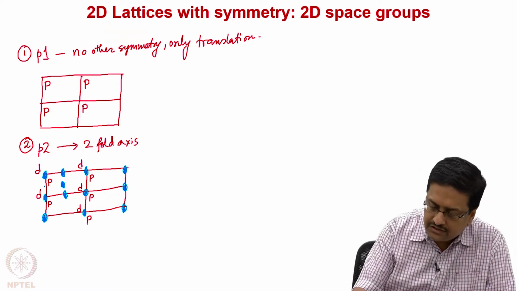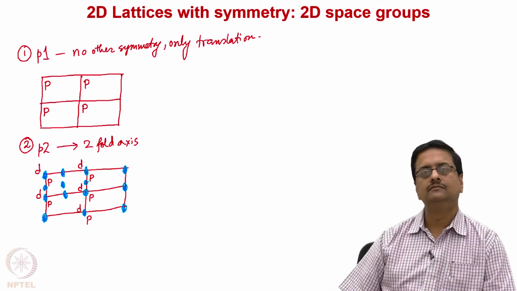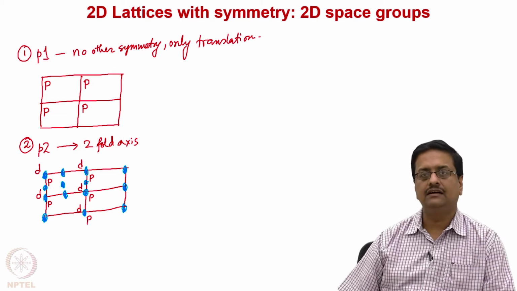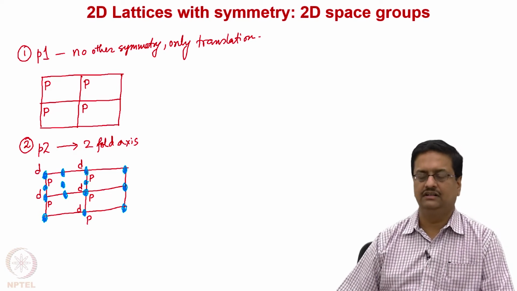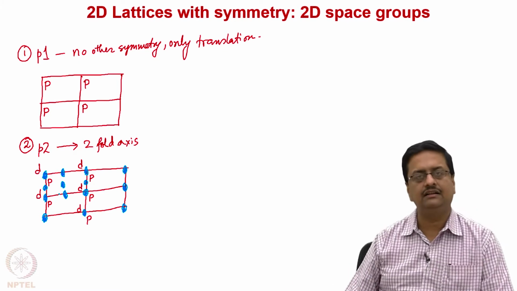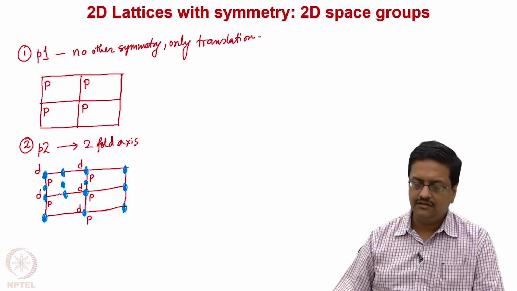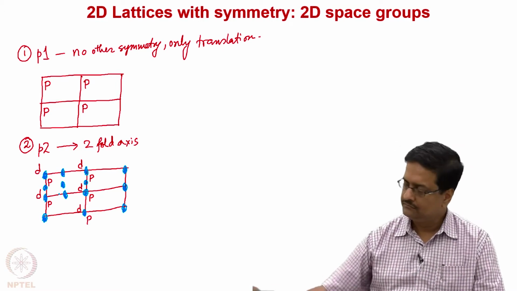Similarly, there is a new twofold generated at the middle of the edge, center of the edge, and so on. So because of the presence of twofold axis at 4 corners, what we have got are twofolds generated at the edge centers and the center of the unit cell as well.